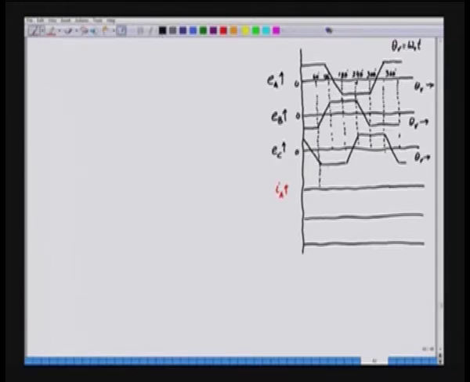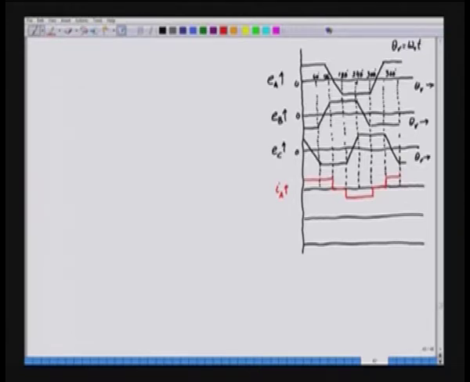If we extend this, we will be able to draw the current of phase A. This is what we want: phase A current should be quasi rectangular. It should have a value ID for some time, then 0, then minus ID, then 0, then again plus ID.